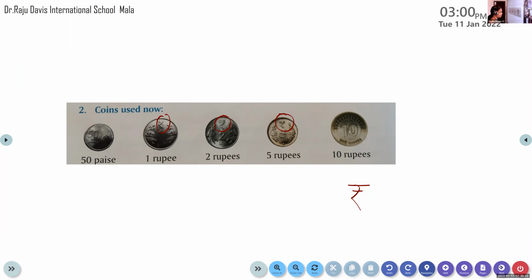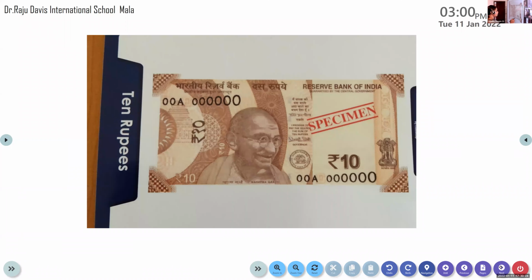Now let's see in notes. See here also you can see the symbol, no? Identify the note. How many rupees? 10 rupees. Here you can see the symbol.